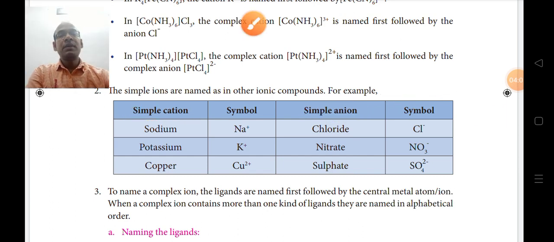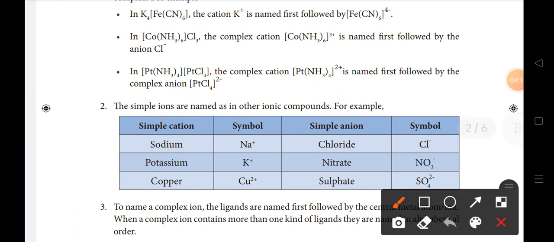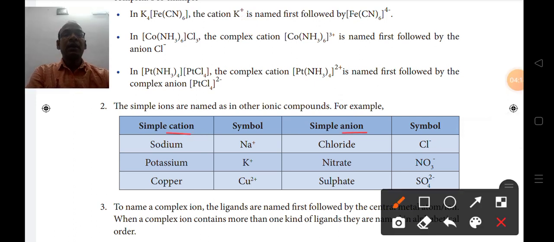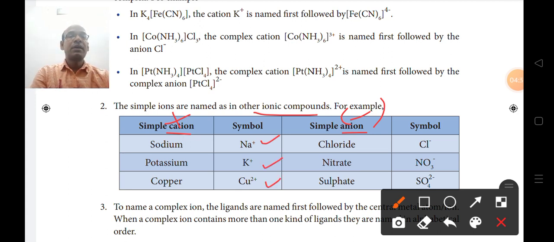It may be a cation or an anion. Cation means positive charge, anion means negative charge. Usual name, common name, that is inorganic compounds: Na+ sodium, K+ potassium, Cu2+ copper. Likewise anions: Cl- chloride, NO3- nitrate, sulfate, SO4 2-.